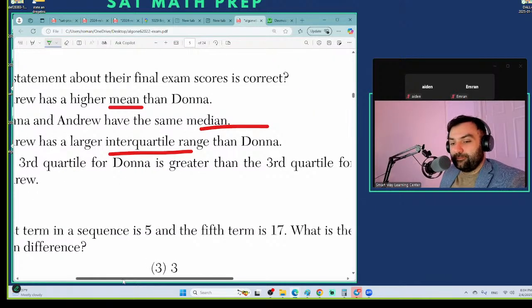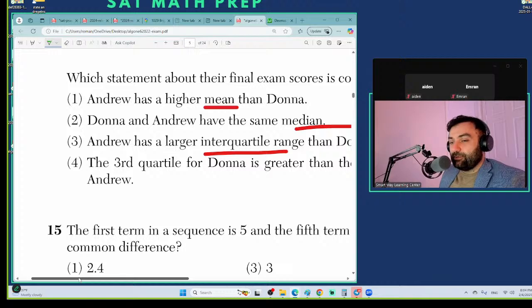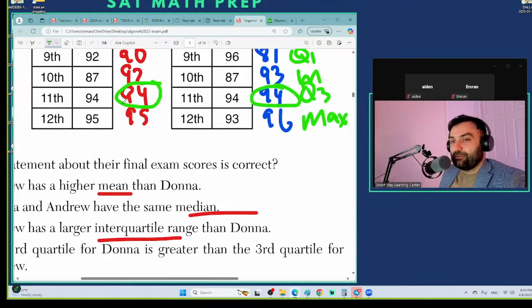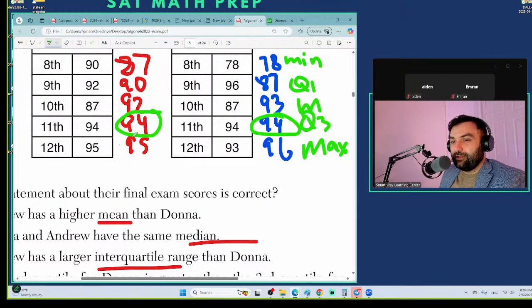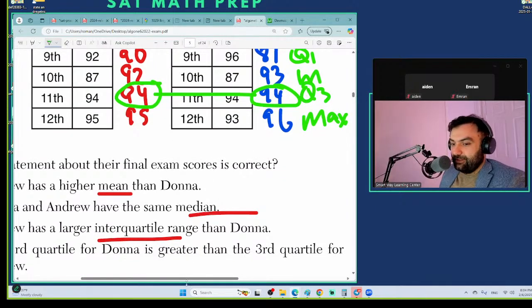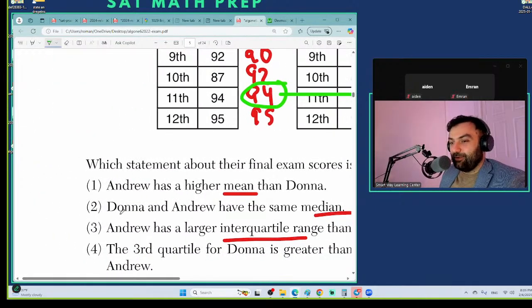So no. The third quartile for Donna is greater than the third quartile for Andrew? No, not greater, it's the same. So guys, I did this whole thing just to find out that Andrew has a higher mean. I don't even have to do it, it's just going to be the answer. Just by the process of elimination, we got there.